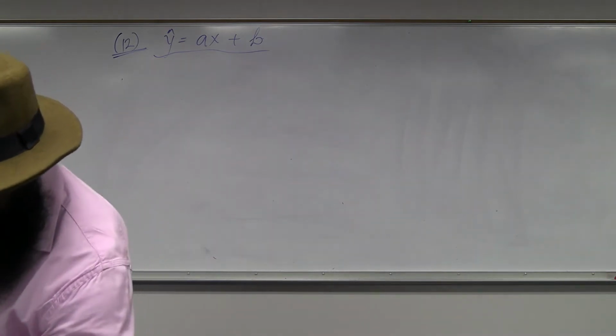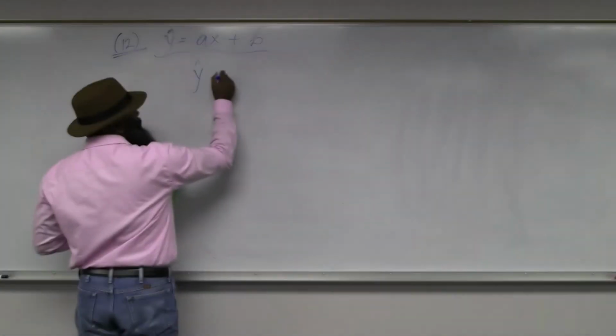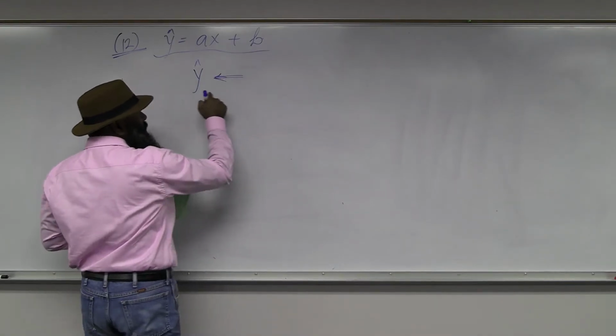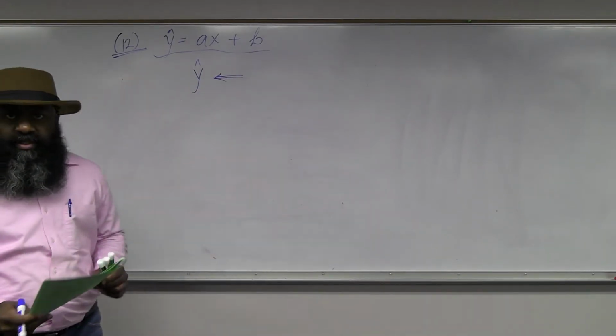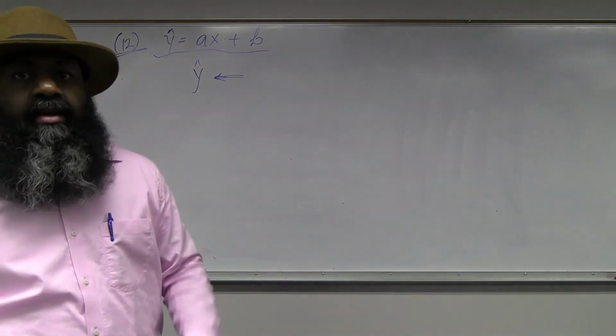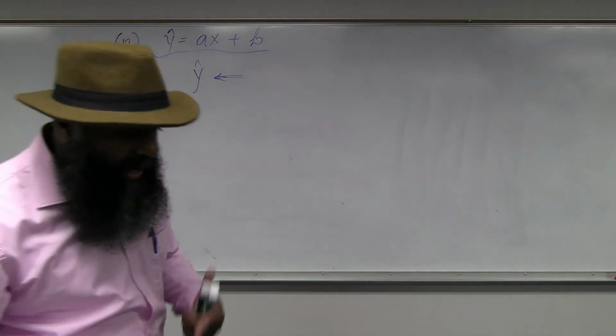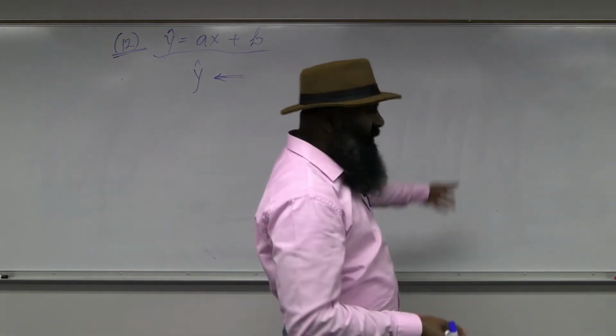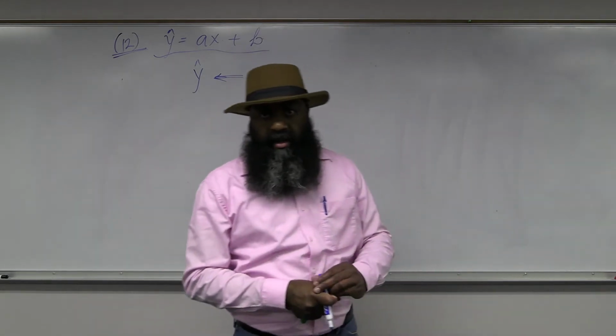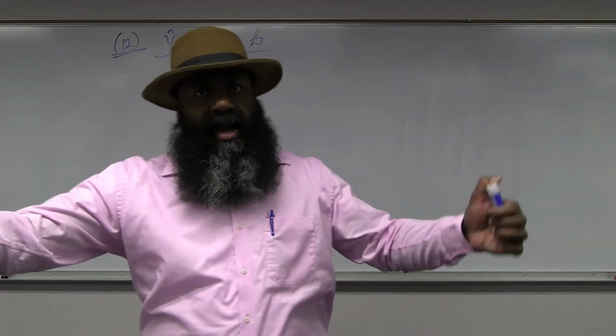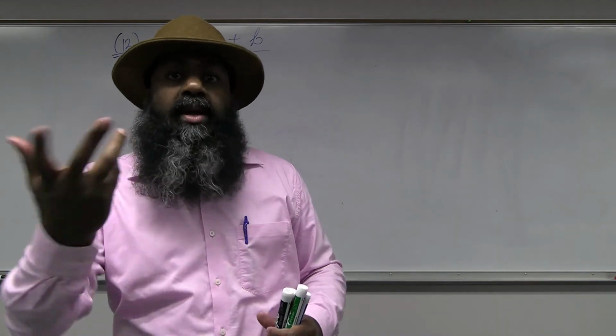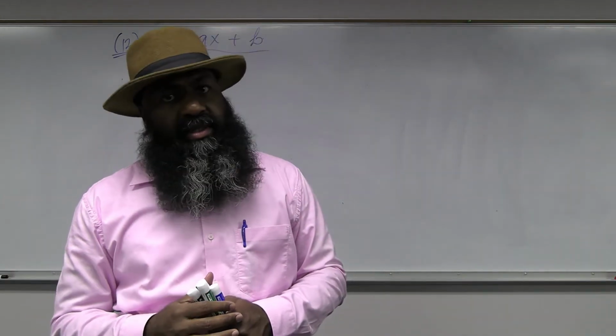The first interpretation is y hat. These are the calculated values of the response variable using x values. Those x values can be selected from the observed x values given in the table, or they can be just random x values for which we would like to predict the corresponding response variable.